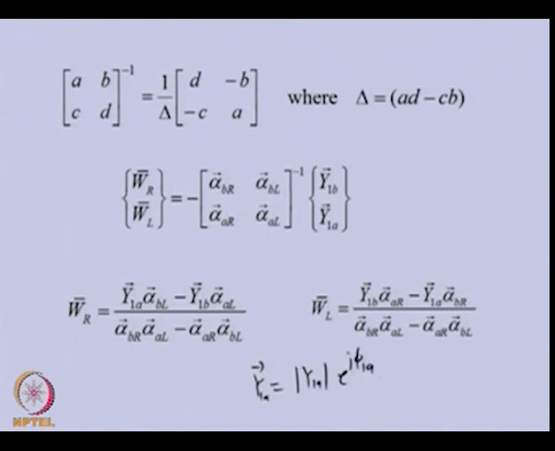If we expand, we will get the complex quantity in the form of a real part plus j imaginary part. Once we have it in this form, we can calculate the orientation. Once we have got WR and WL in complex form, again we can calculate the magnitude and the phase of that particular quantity.